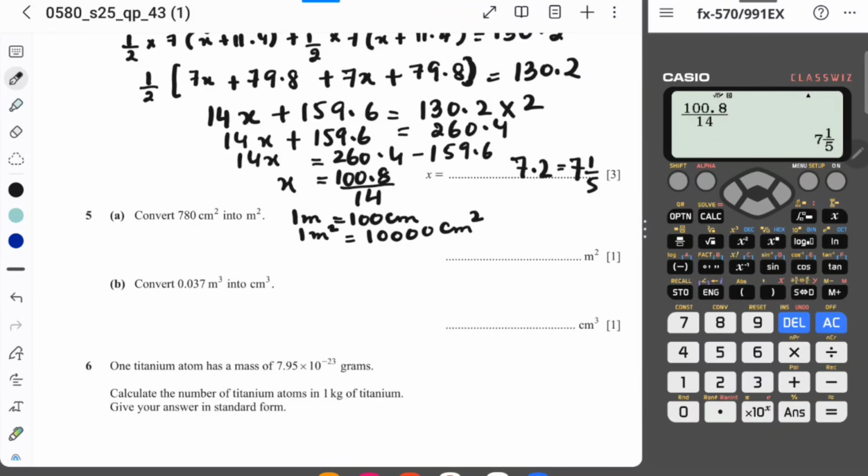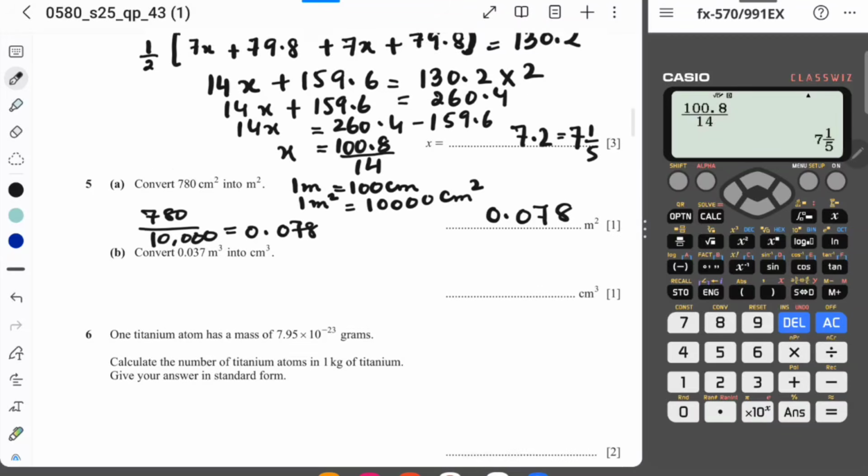Here they're asking to convert 780 square centimeters to square meters, so you will divide. You can do it by the ratio method if you want, that's the same thing. So 780 divided by 10,000 will be equal to 0.078.